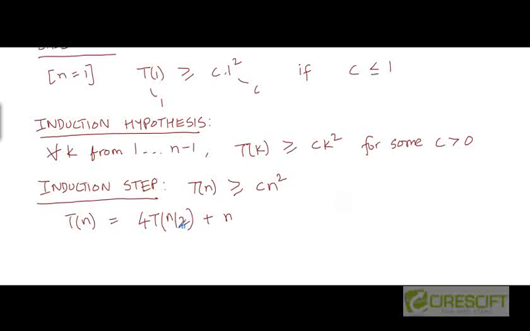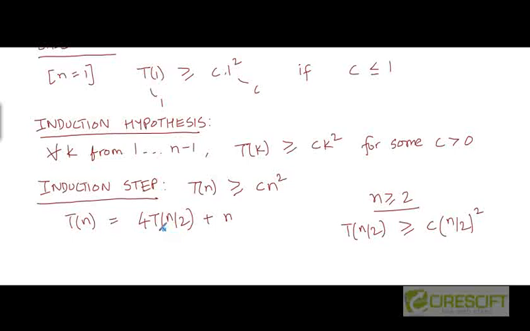Now assuming again that n is greater than or equal to 2, we can apply the induction hypothesis to claim that T of n by 2 is greater than or equal to C times n by 2 squared, assuming that n by 2 falls into this range, which it will if n is greater than or equal to 2, as we saw a few minutes ago.